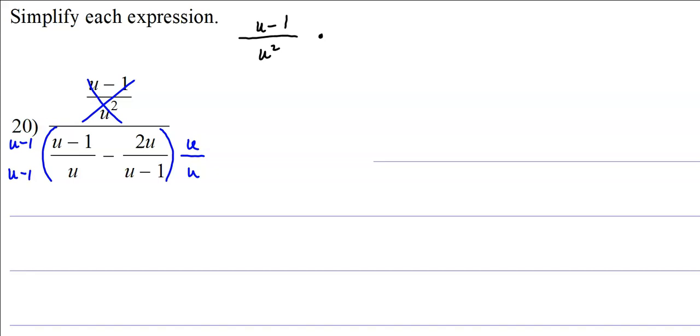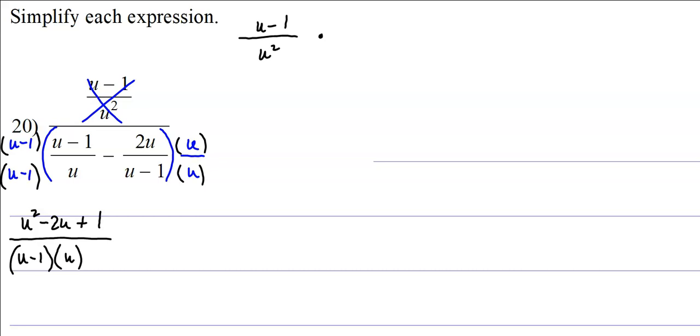So when I do that, on top over here, this little piece, on the left-hand side, I'm going to get u squared minus 1u is minus 2u plus 1 over, we're just going to leave the bottom like it is. And then I'm going to have a minus 2u squared, because that's what that comes out to be.